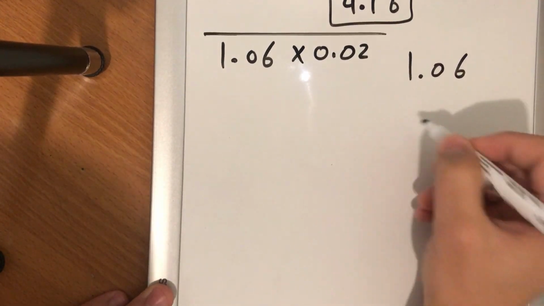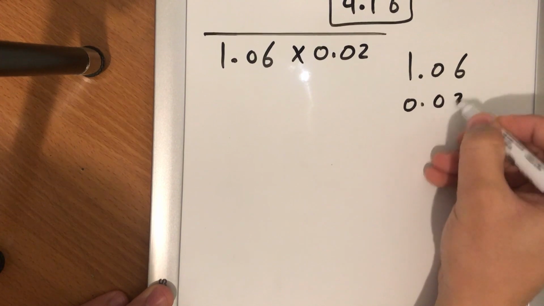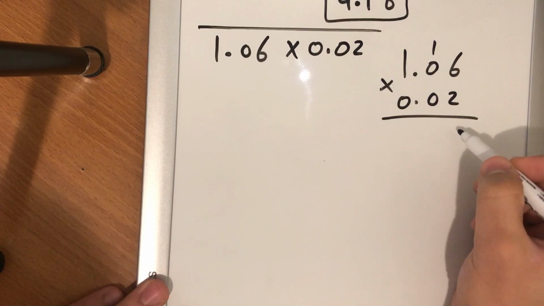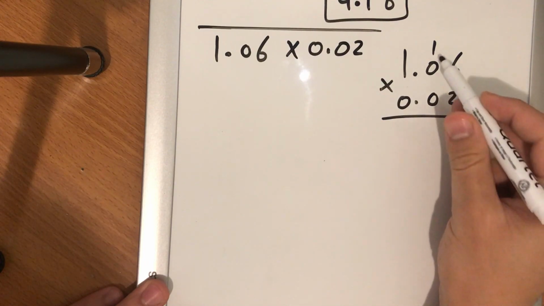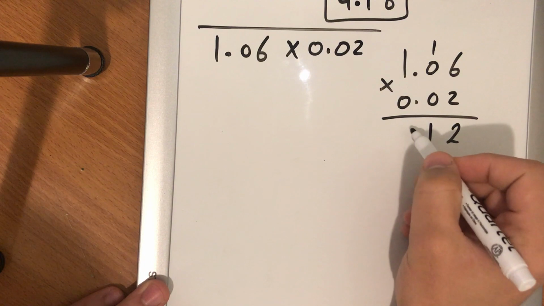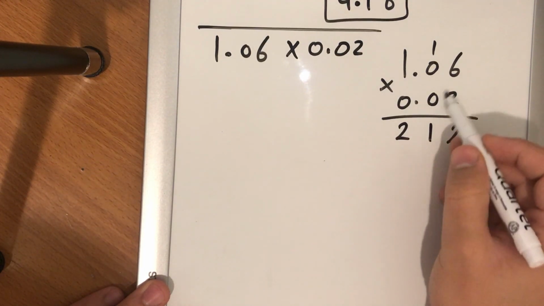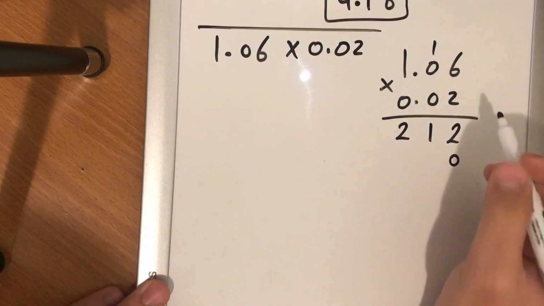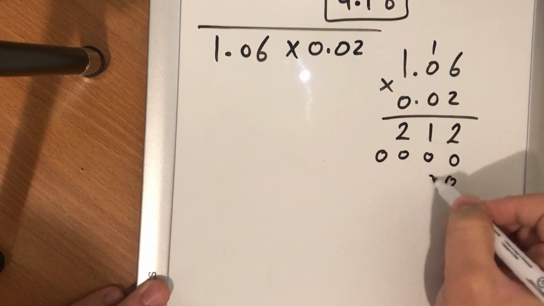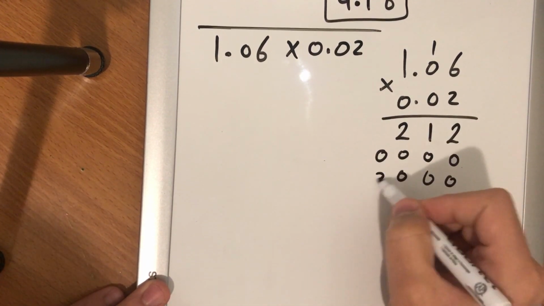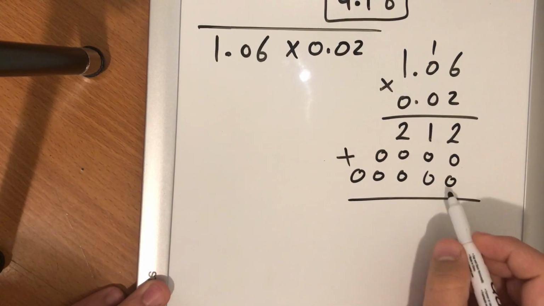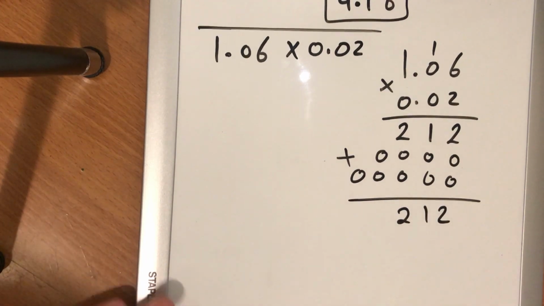We're not adding here, we're multiplying. 0.02. 2 times 6 is 12. 2 times 0 is 0, plus 1 is a 1. 2 times 1 is just 2. 0 times, first I'll put a 0. 0 times all of that will just give me zeros, and put 2 zeros. 0 times all of that will just give me zeros again. Let's now add them. Well, zeros plus 212 will end up giving you 212.